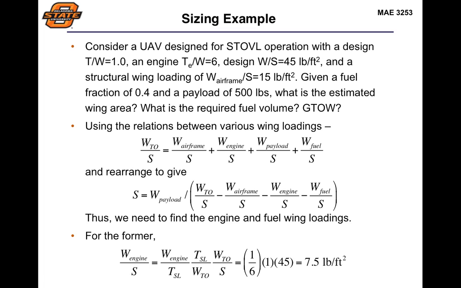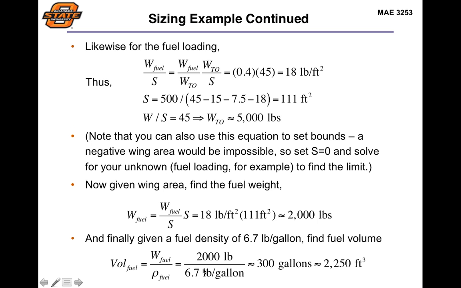So that way we can then, at sea level, find each one of these ratios, which are given a value of 6. So this becomes 1 over 6 for our thrust to weight of the engine. We're given a thrust to weight ratio of 1, and then we also have a design wing loading.